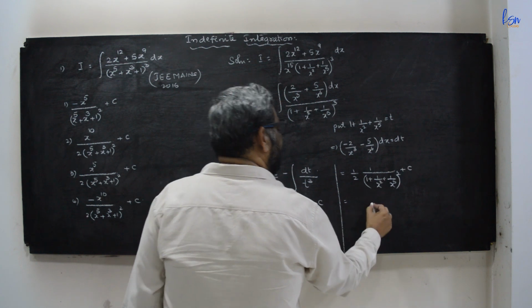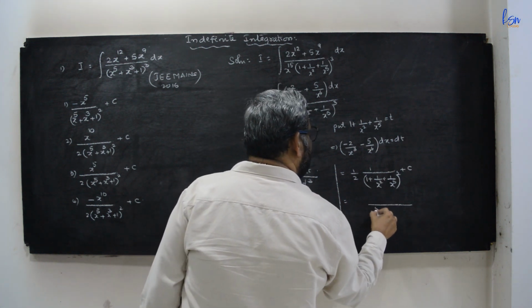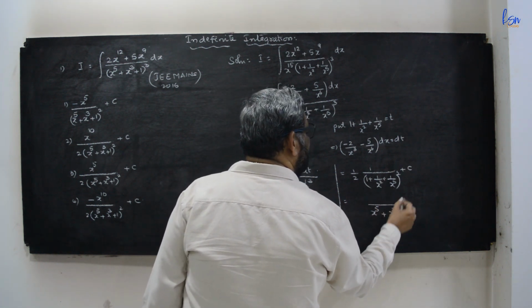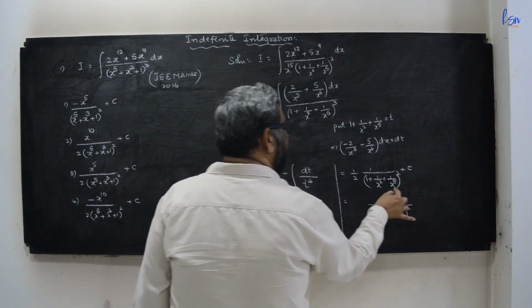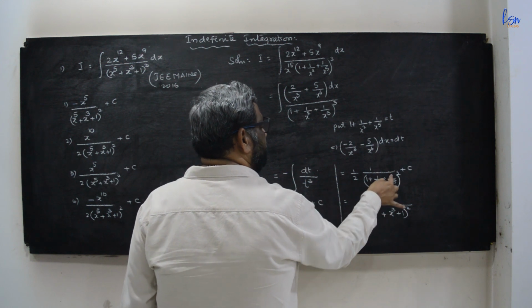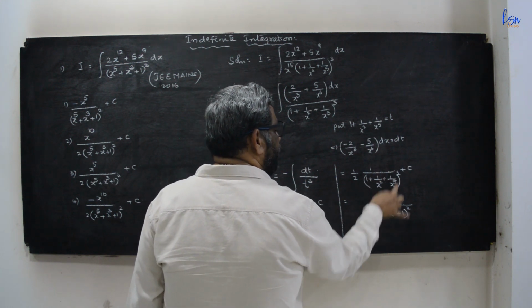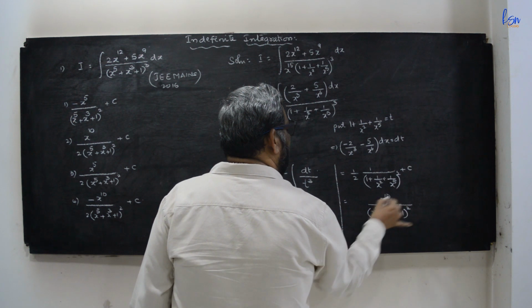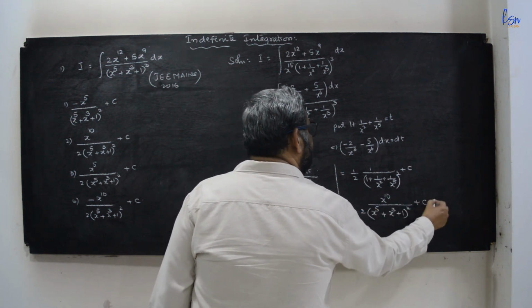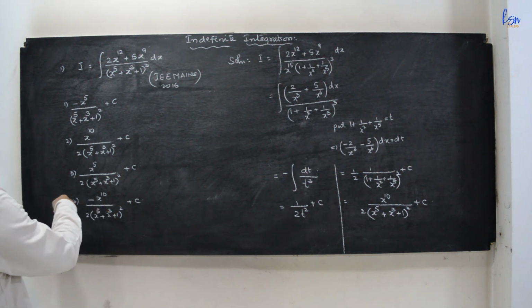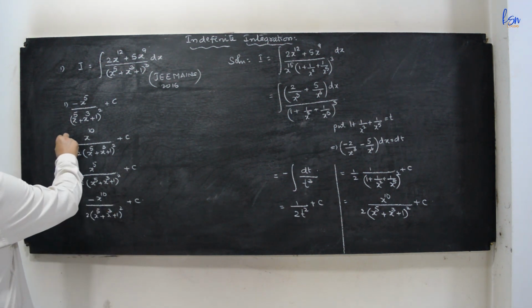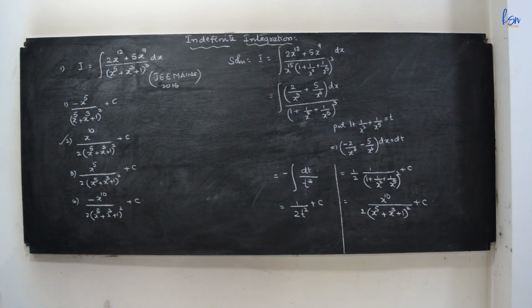This is (x^5 + x^3 + 1) whole square over (x^5) whole square, meaning x^10, and this is 2, plus c. So x^10 / (2 (x^5 + x^3 + 1)^2). So this is the second option.